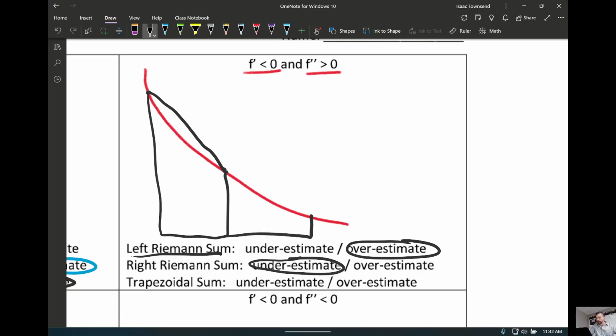I think it helps if you make your trapezoids pretty big, because it helps you see. If you make your trapezoids really small, that overestimate or underestimate area is going to be so small that you're not going to feel real confident. But now that I made two big trapezoids, I can see it's a little bit too much each time, so that would be an overestimate.